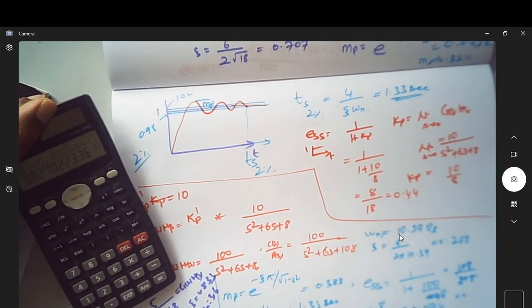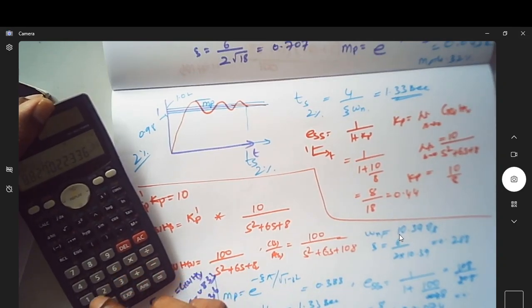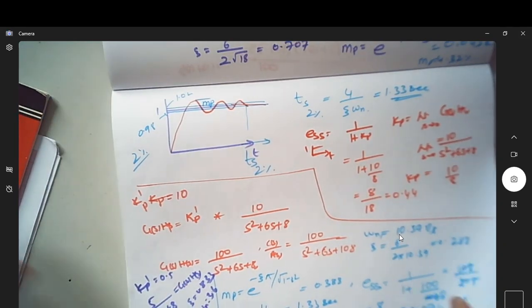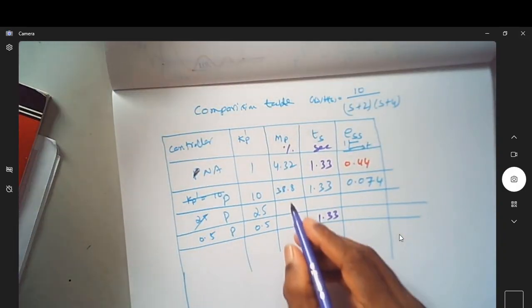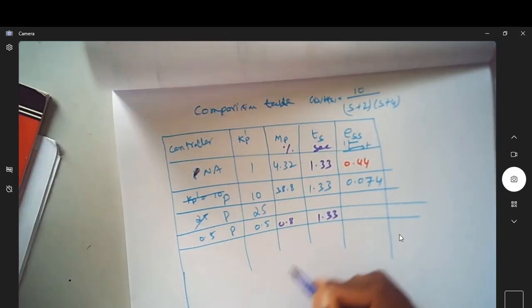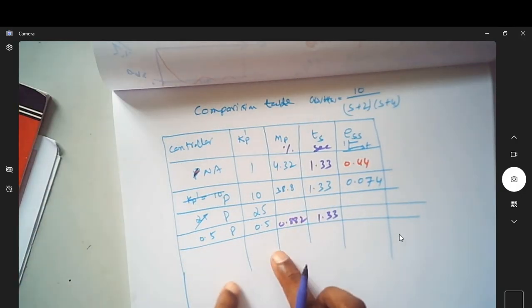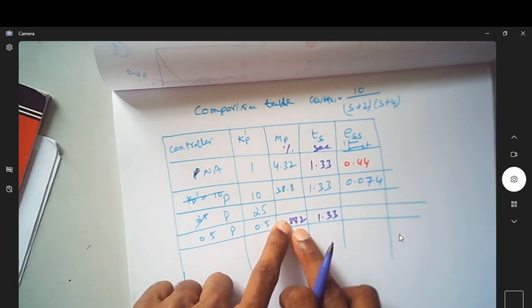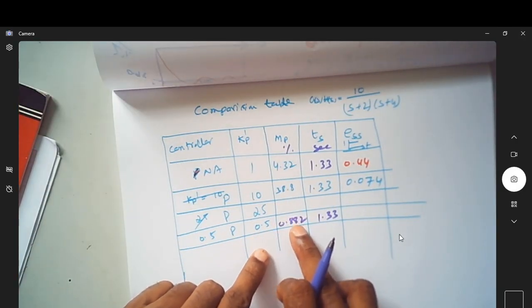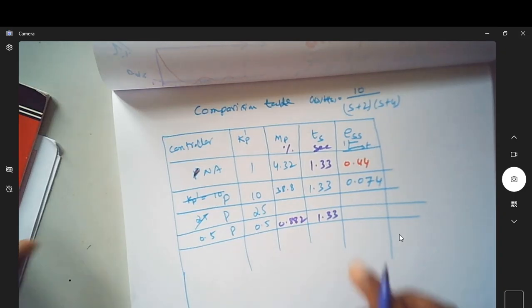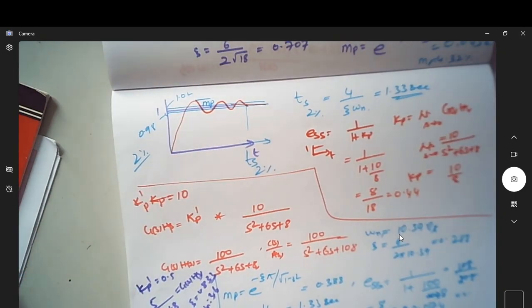Of course, let me make it into 100. Can you see it is 0.882%? So it has reduced to a great extent. It's not 88%, it is 0.882%.